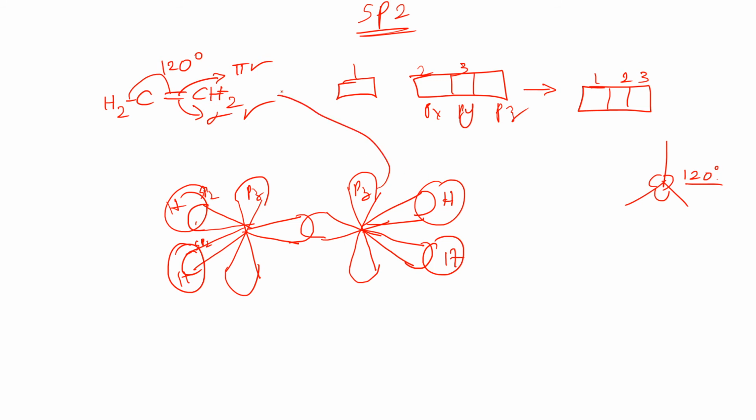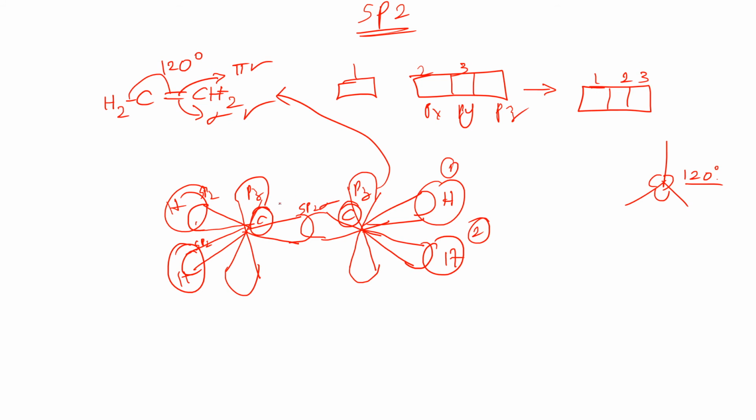Okay, the chemical formula will be in this way. So this is the carbon, and this is the carbon. To each carbon, how many hydrogens? 2 hydrogens. So this is one hydrogen, this is the second hydrogen. Here the formation will be sp2 sigma bond. The first bond will be the sigma bond.